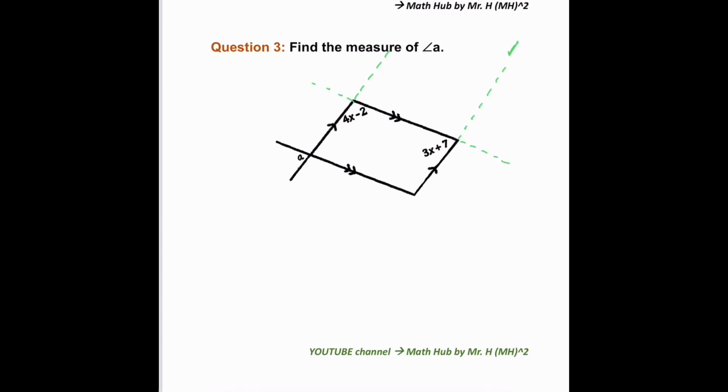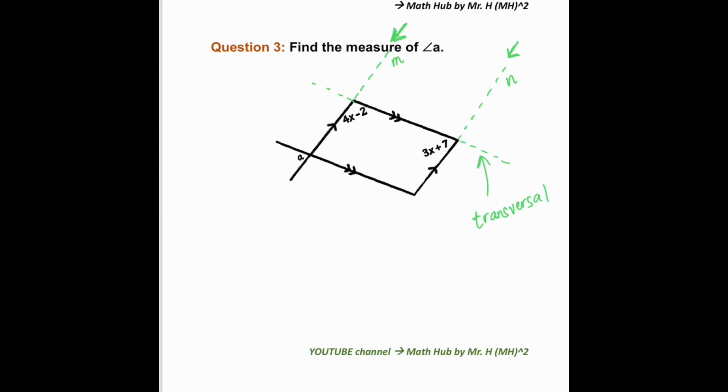If this line right here is parallel to this line here, then basically this line will be considered as the transversal. Let me label this line N and this one line M, for example.